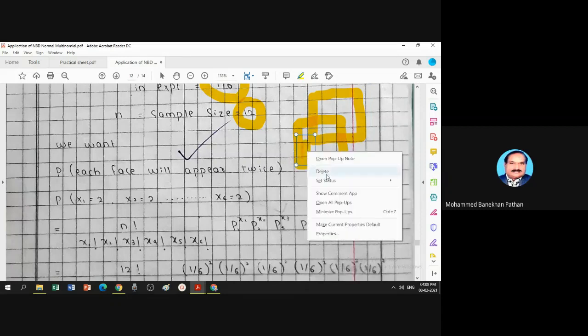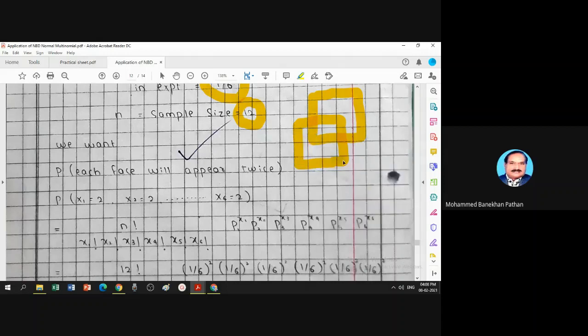So you have a dice like this. So what is coming on the upper face? This is your dice. So here I will make a record. This is the upper face. So I want two dots.